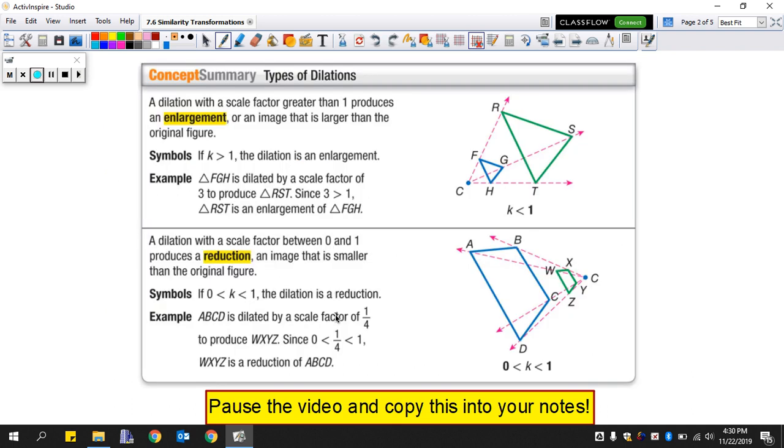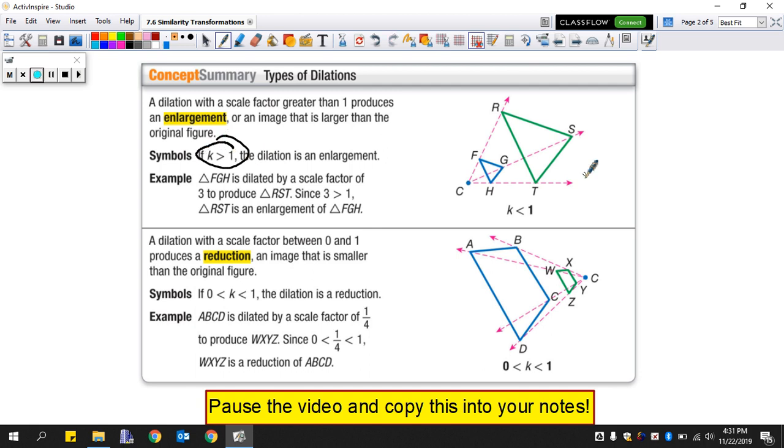All right. So a dilation with a scale factor greater than 1 produces an enlargement, or an image that's larger than the original figure. And here you can see what I was trying to show previously on that previous page. This is your center of dilation right here. So this is an enlargement. Your K is bigger than 1.